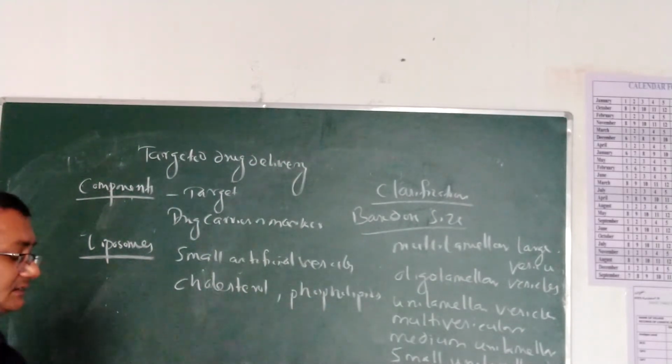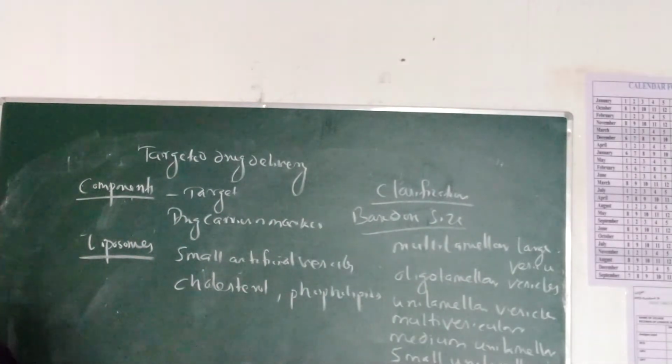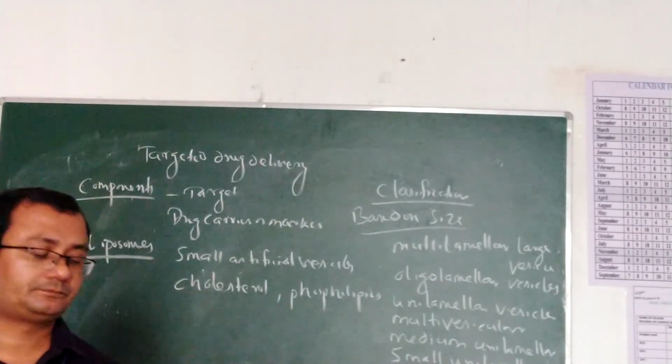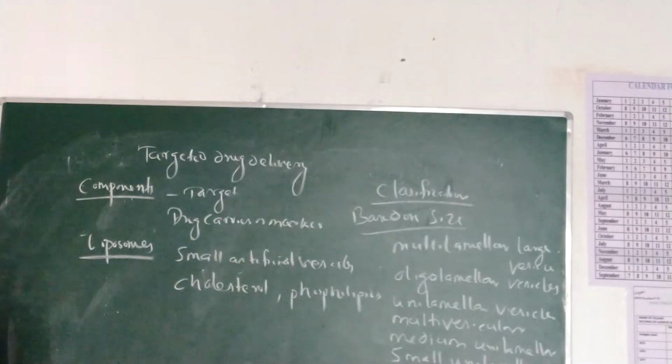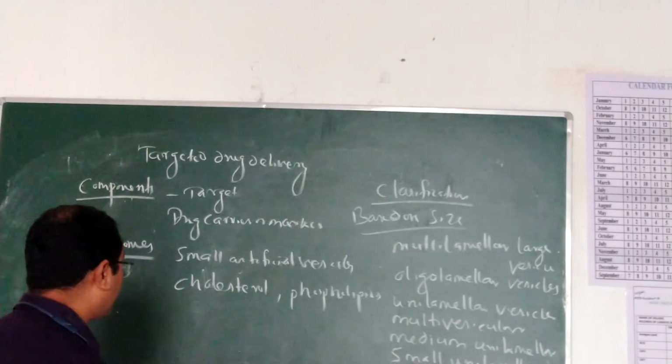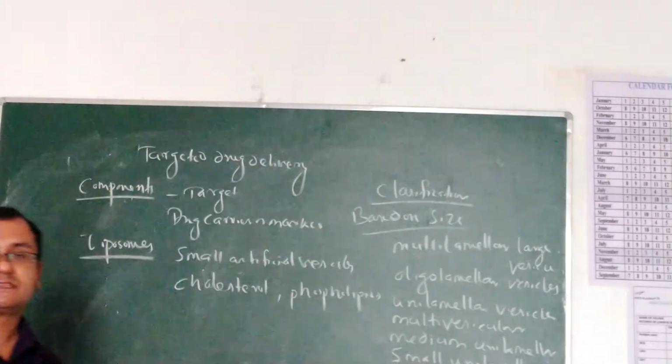Now let us discuss the preparation of liposomes. For the preparation of liposomes we take different materials like phospholipids, also synthetic phospholipids, glycerolipids, glycosphingolipids, cholesterol, polymeric material, and charge inducing substances.